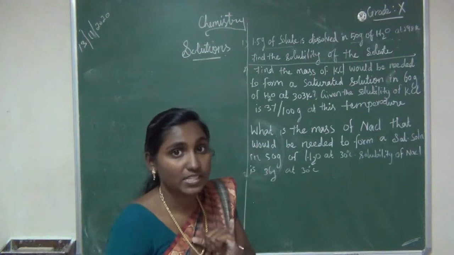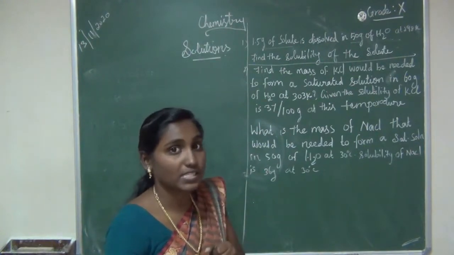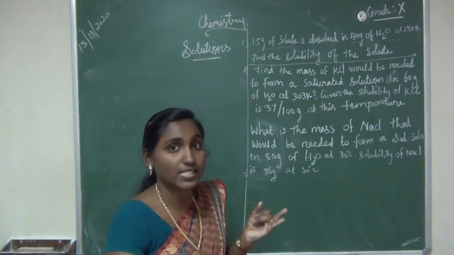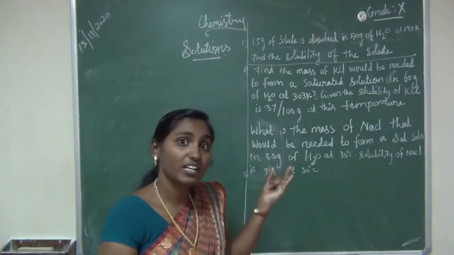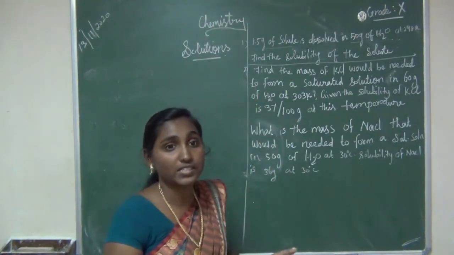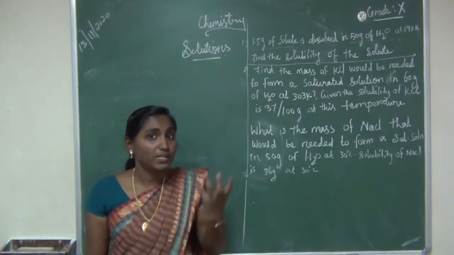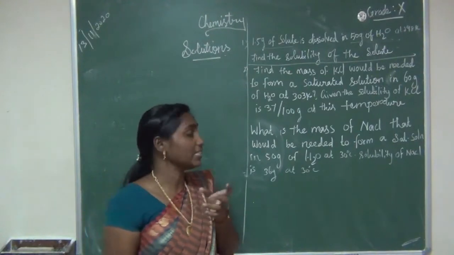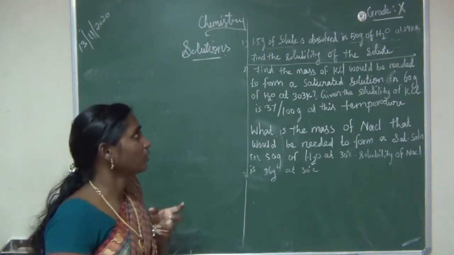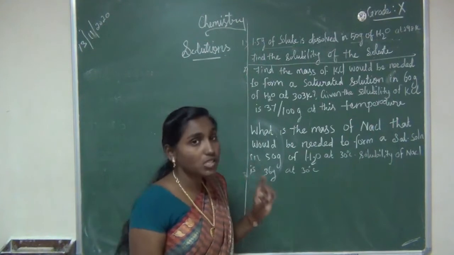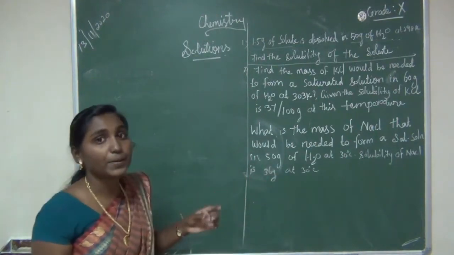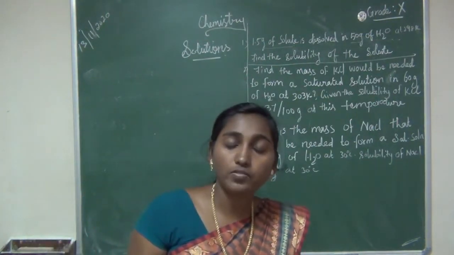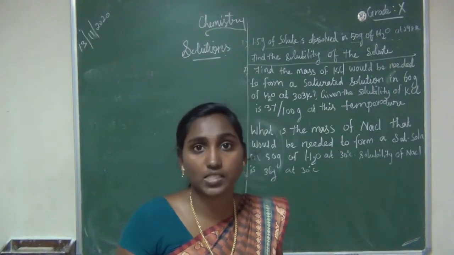So the mass percentage formula and the volume percentage formula we studied in the last class, right? Before that we studied the solubility formula. Solubility is the mass of solute divided by the mass of solvent, into 100.